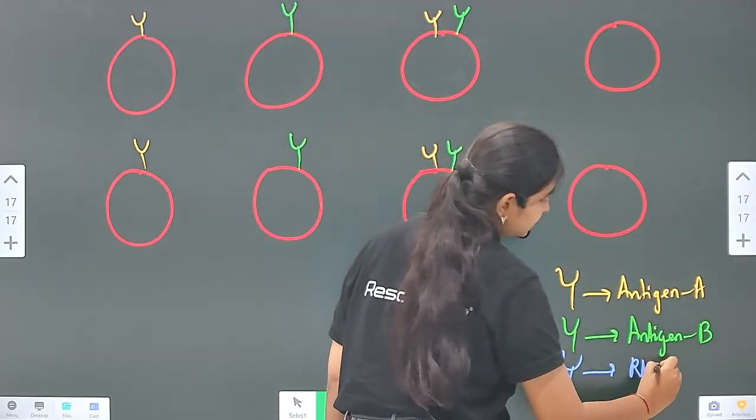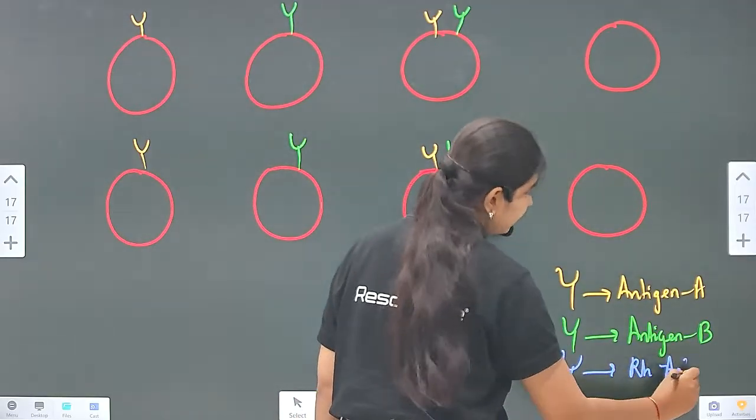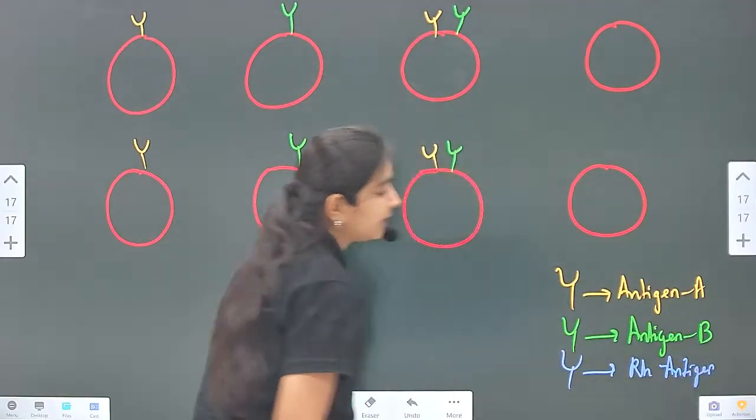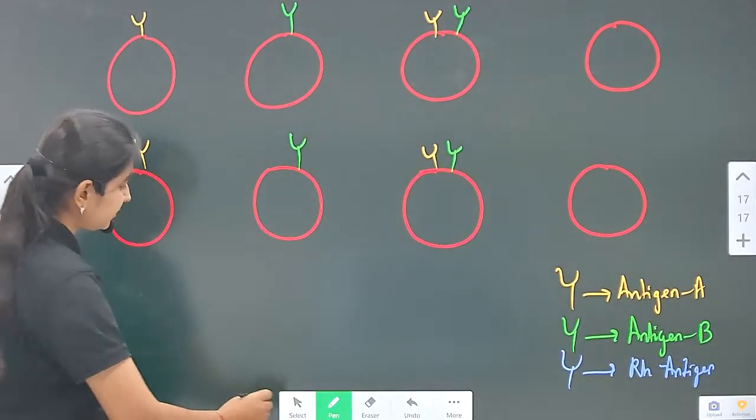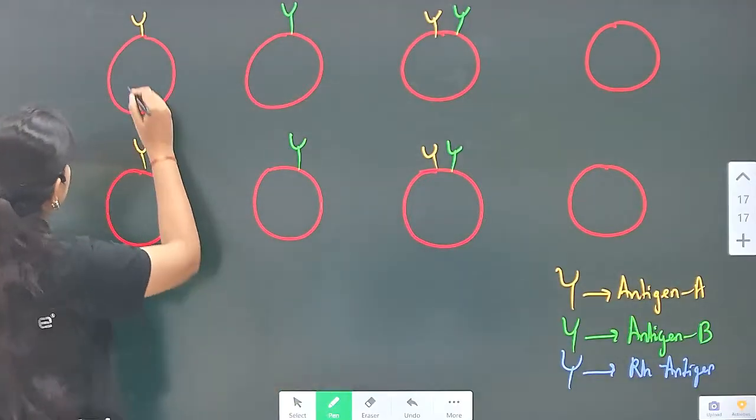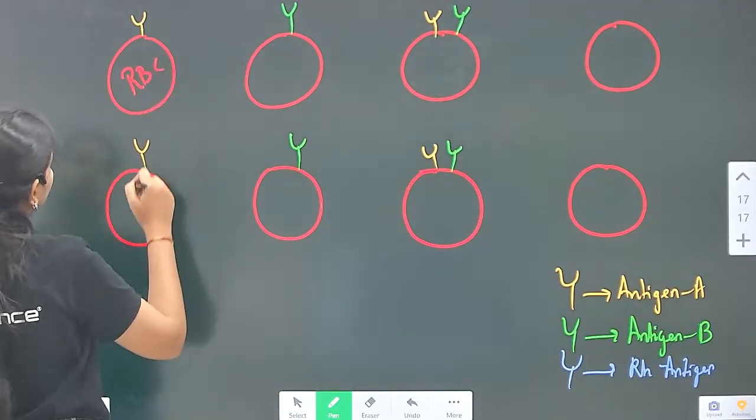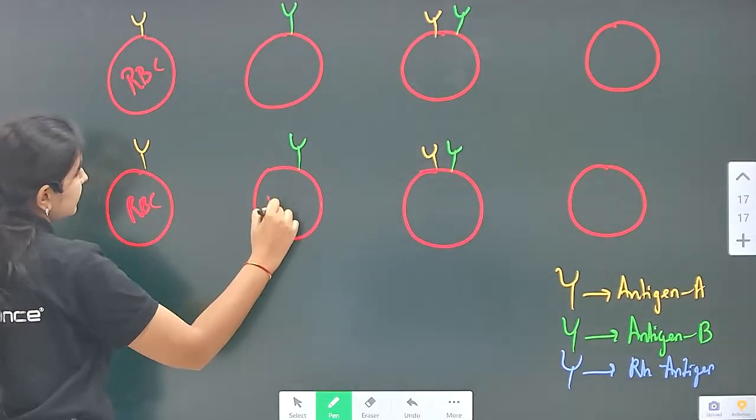The RH antigen. Fine. Now, please observe this. These all are again your RBCs.